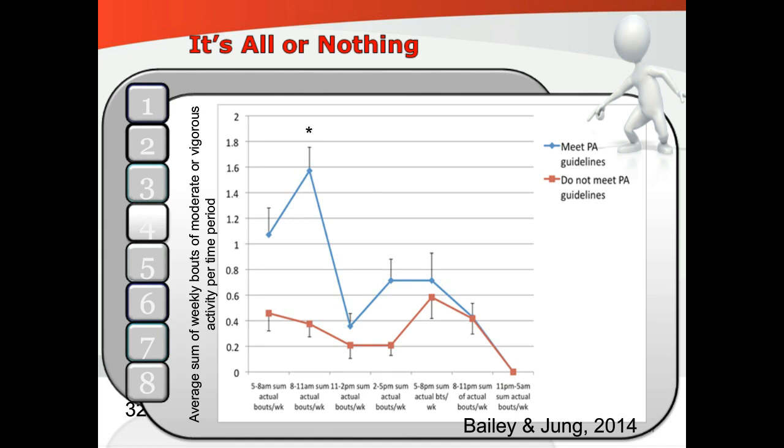And down on the x-axis, the horizontal axis, is when the individuals chose to exercise. And those that exercised in the morning were much more likely to stick with that plan. So if they planned to exercise in the morning, they were more likely to get that exercise in versus when they planned it later on in the day.